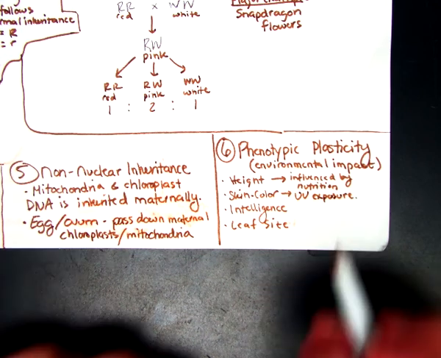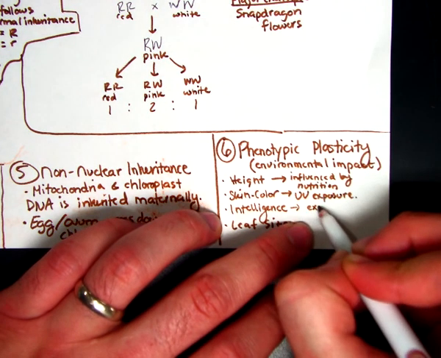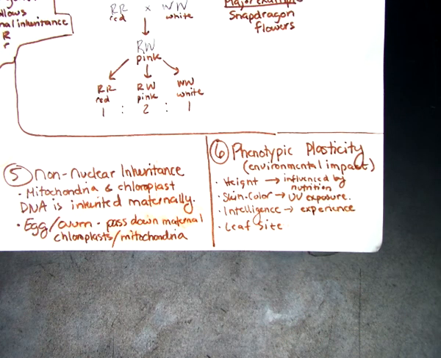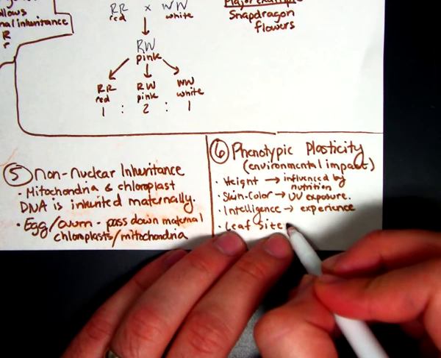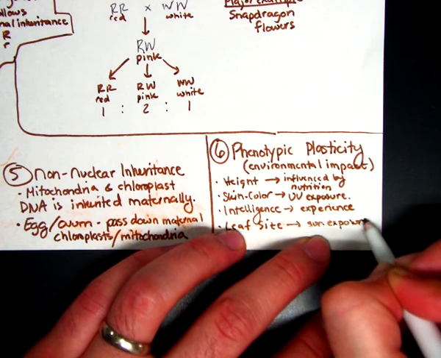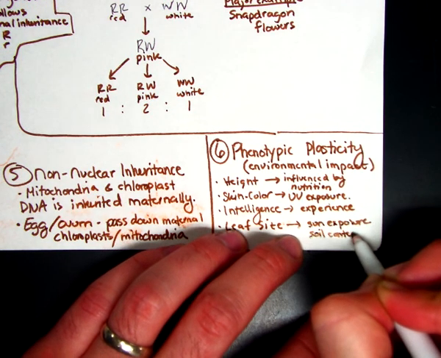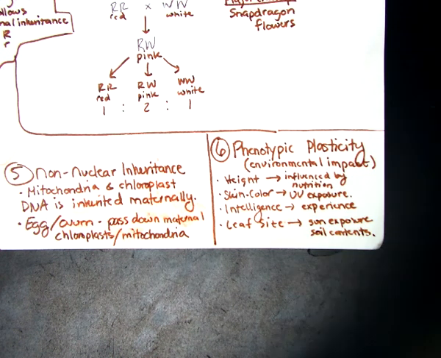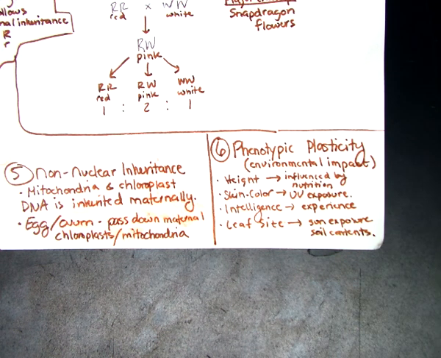All right. Intelligence can be affected by experience. And leaf size can be affected by sun exposure, soil contents. Right? So the main thing here is that there are some traits that, although you inherit certain genes that affect the phenotype, can be heavily influenced by the environment. And there's this dual play of environment and genetics for a lot of traits.